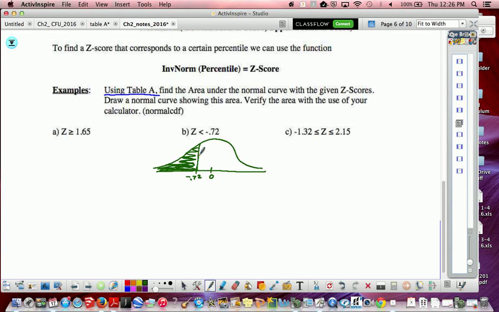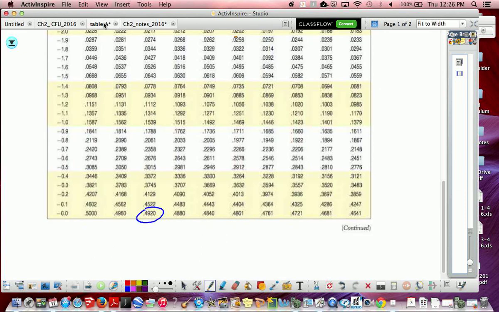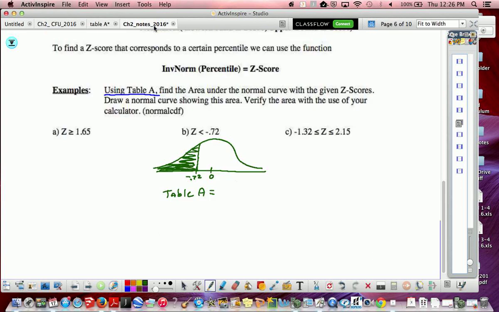Now, a less than is a direct value that you can get from table A. So negative 0.72 is that one right there, 0.2358. And that's the answer I'm looking for.